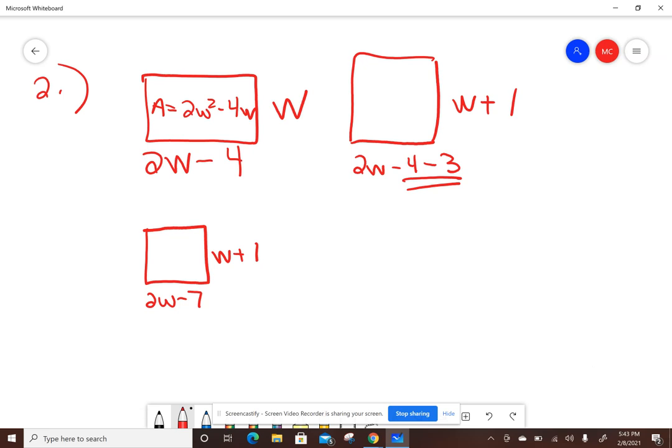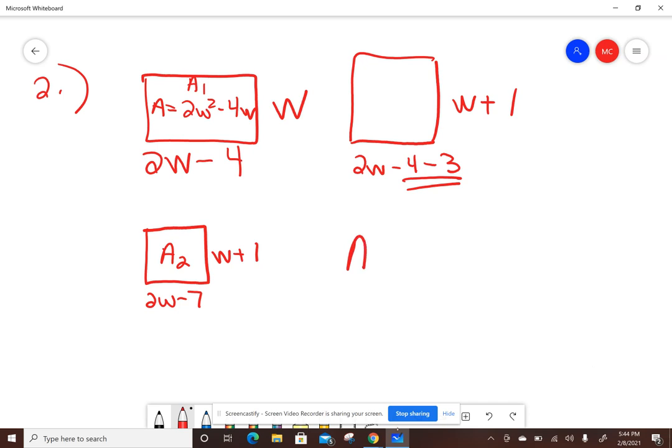So this is my new rectangle, and this area, okay, well, it says that once I do that, the area is decreased by 16 square units. Okay, which means this area, area 2, is smaller than area 1.